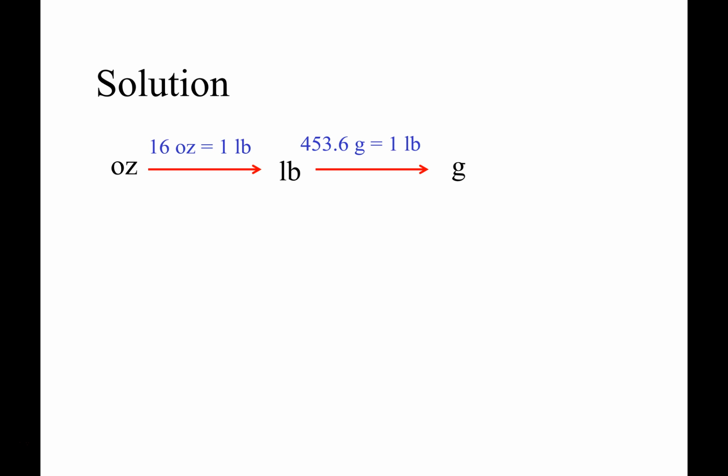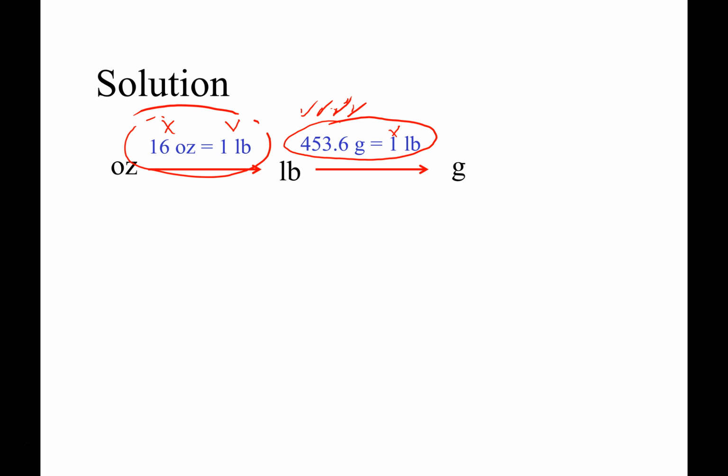So this one right here, is that exact? Yes, it's exact, so I'm going to put X's there. What about this one right here? Is that exact? Nope. It's approximate. Our 1 is not going to mess us up, but we're only going to allow 4 sig figs in the 453.6.